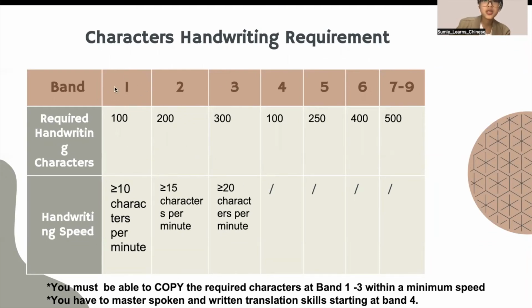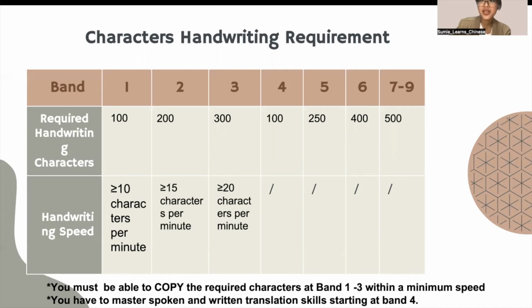If you want to master band 1, you only need to learn 100 writing characters. Band 2, 200. Band 3, 300, and so on. But let's take a look at the handwriting speed. If you want to attain band 3, you have to write more than 20 characters per minute.